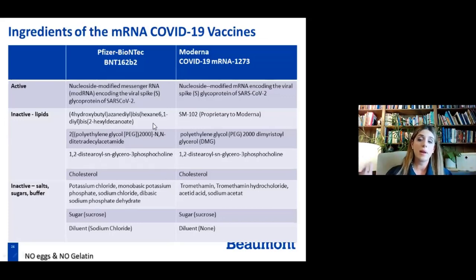So it also might be a factor in why some patients are having allergies. Mainly it's because people probably have allergies to these products because of previous exposure, but they might be vivid allergies, and it's not very common. We've seen some anaphylaxis, but people were known to have these types of allergies. So when patients enroll for these, there's a questionnaire that usually asks you about all these things.